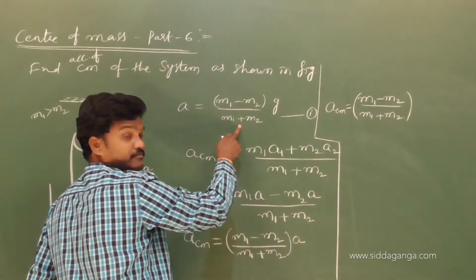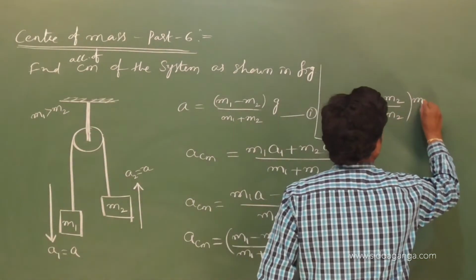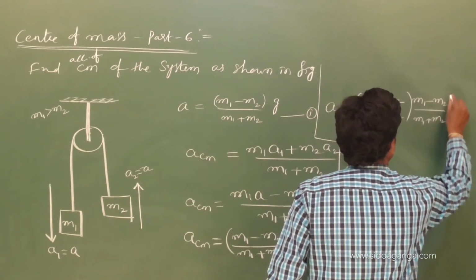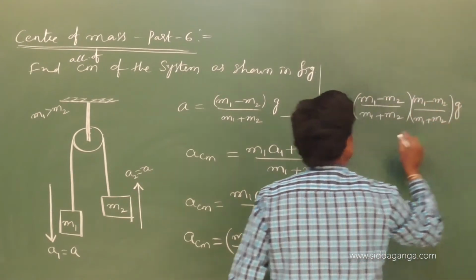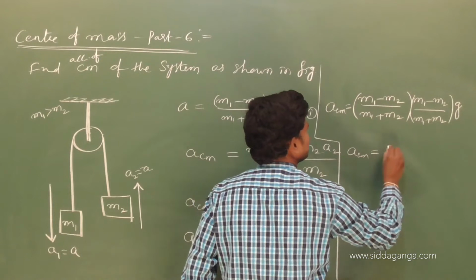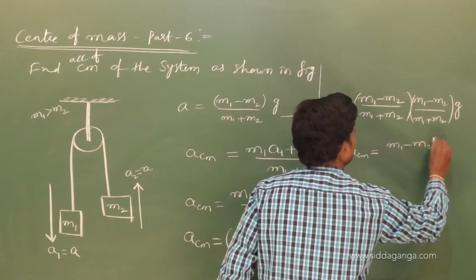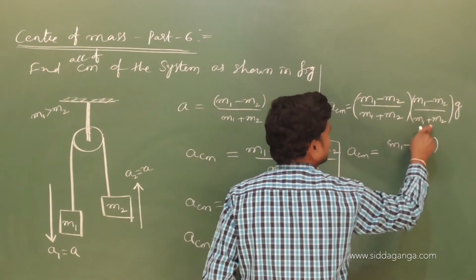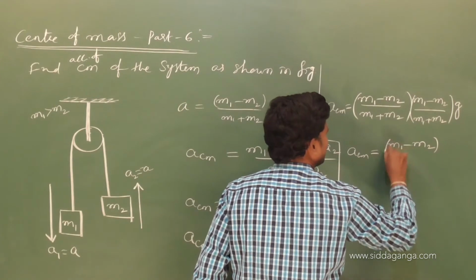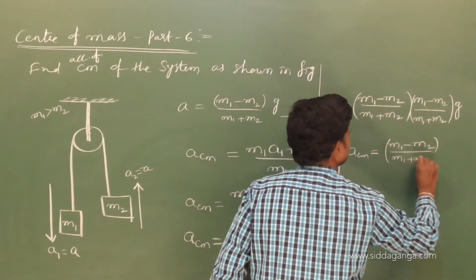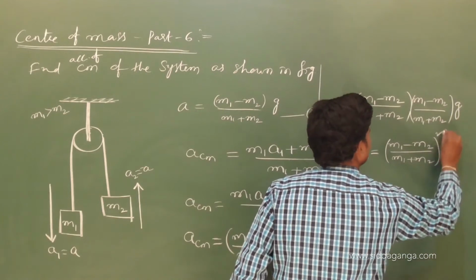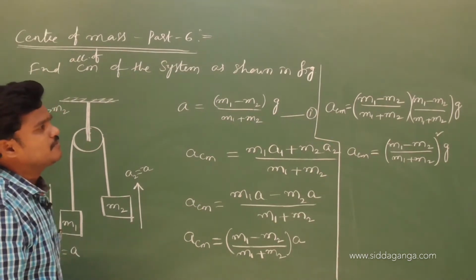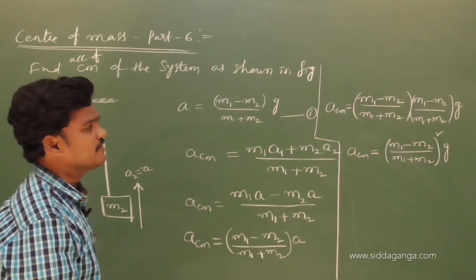This a you write as m1 minus m2 by m1 plus m2 into g. Now acceleration of center of mass is m1 minus m2 whole square by m1 plus m2 whole square into g. So acceleration of center of mass is m1 minus m2 by m1 plus m2 whole square into g.